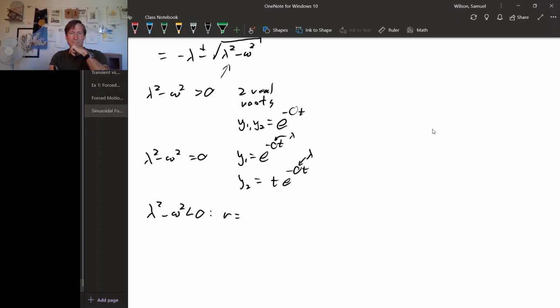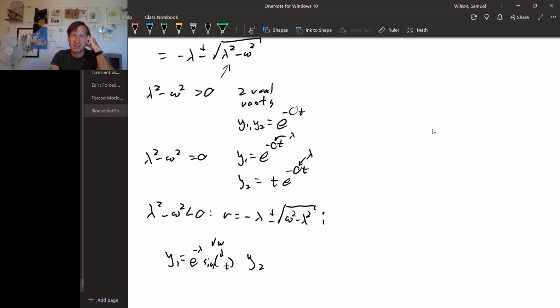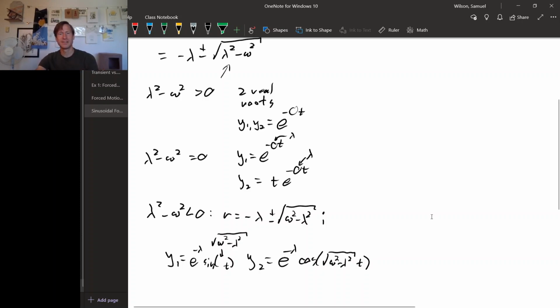In this case, the roots to your characteristic equation are minus lambda plus or minus the square root of omega squared minus lambda squared times i, and then your fundamental set of solutions are going to be e to the minus lambda t times sine of the square root of omega squared minus lambda squared times t, and e to the minus lambda t times cosine of the square root of omega squared minus lambda squared times t.